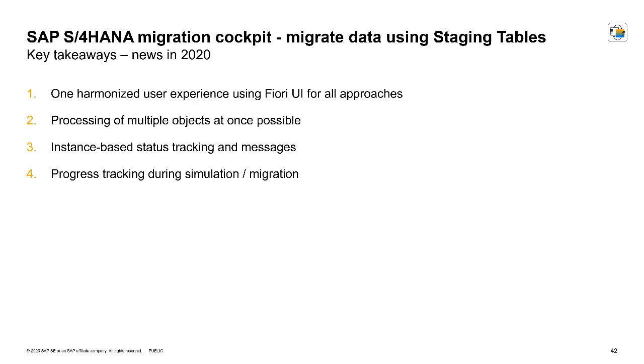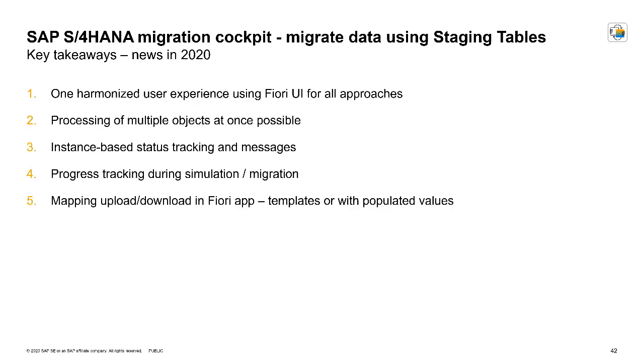We have progress tracking during the simulation and the migration on object level. And we are now able to upload and download the mapping in the Fiori app, where you can upload your mapping templates as well as the filled mapping files to use in a different system, if you run between the test landscape and the productive landscape, for instance.